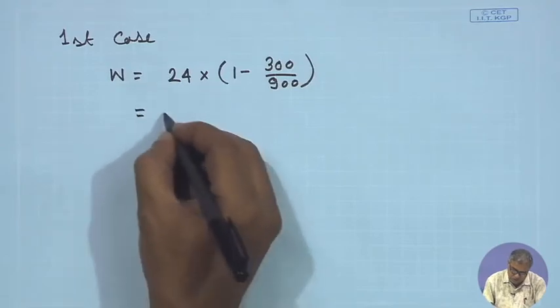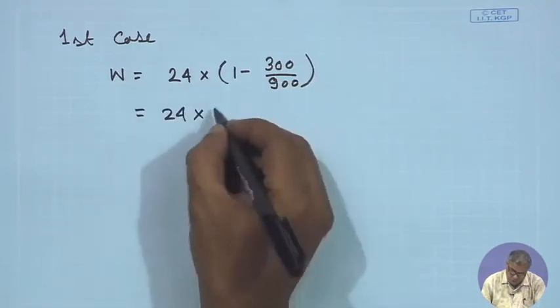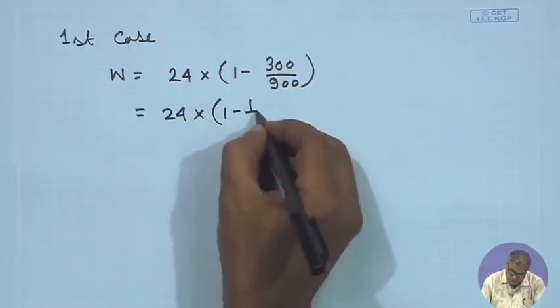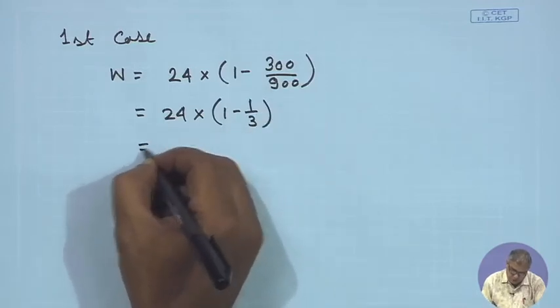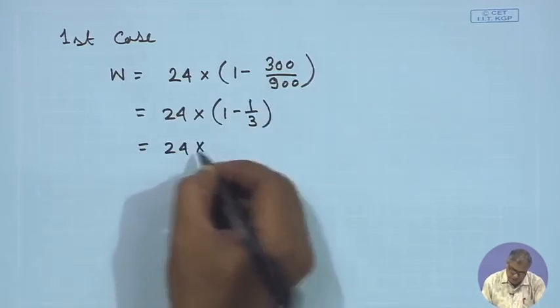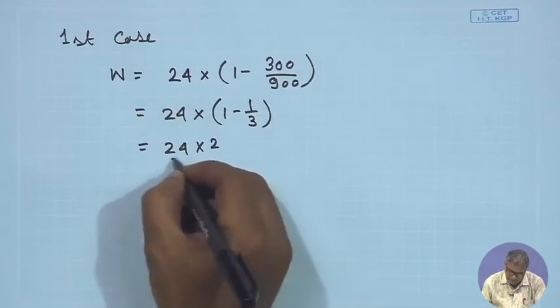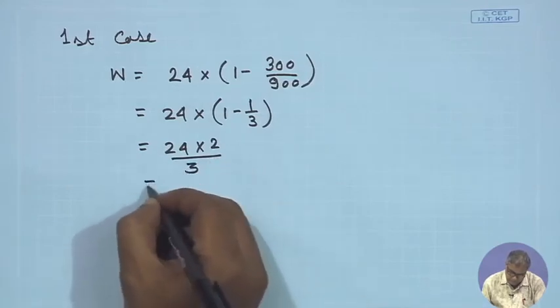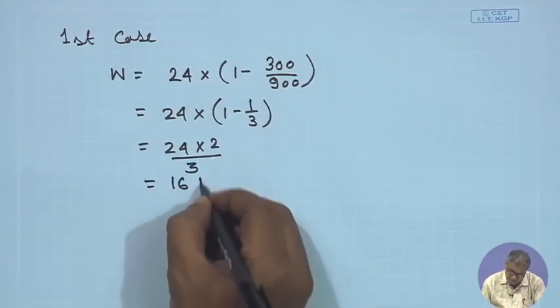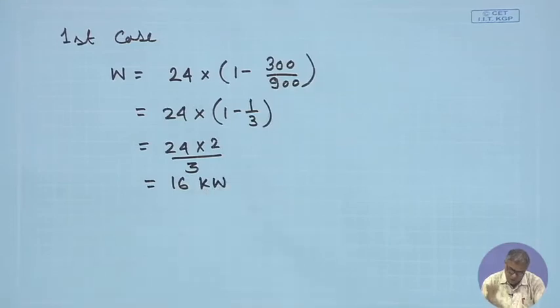So, this will be 24 into 1 minus 1 by 3, so 24 into 2 by 3, which is 16 kilowatt. So, in the first case, if I try to generate power out of the available waste heat, I will be able to generate 16 kilowatt of power.